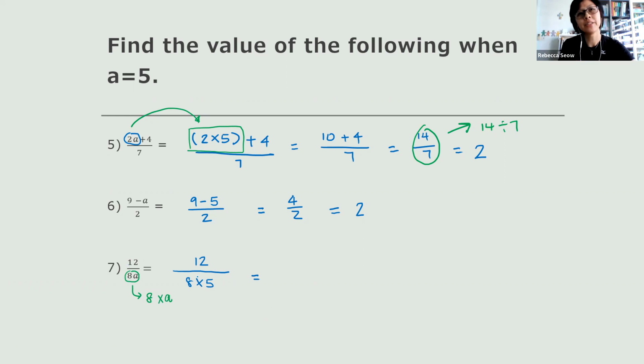Next, what we can do is we simplify the denominator because we can multiply easily. So 12 out of 40. And with that, we bring it to the simplest form. We divide top and bottom by 4. We will get 3 out of 10. Okay, so that will be our answer for 7.